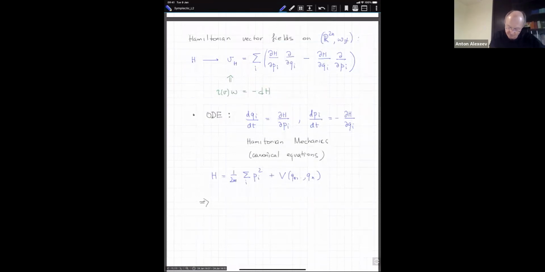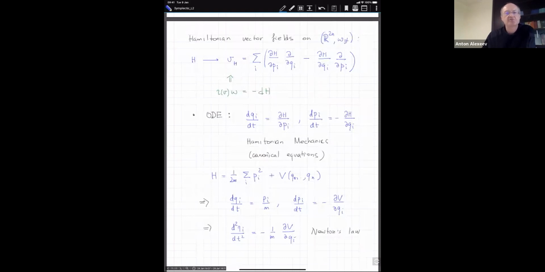Your equations look as follows: dq_i over dt is p_i over m, dp_i over dt is equal to minus dV over dq_i, and this in turn implies d2q_i over dt squared is minus 1 over m dV over dq_i, and that's the thing that we know from high school as Newton's law. This is just a reminder.